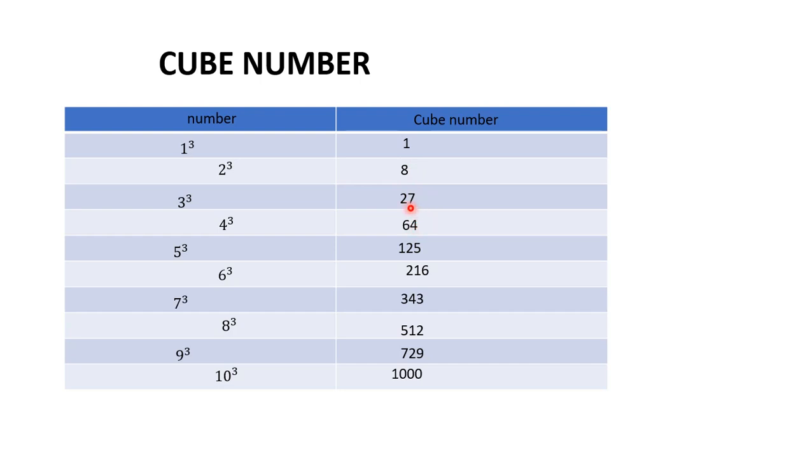Similarly here also, between 27 and 64, all the numbers are not perfect cubes. So only these numbers are perfect cubes.